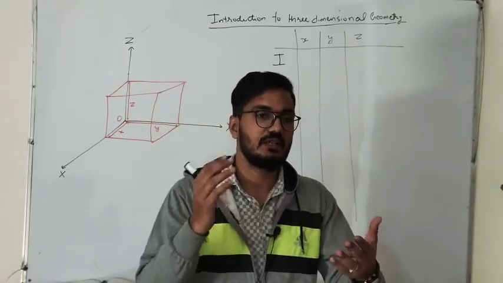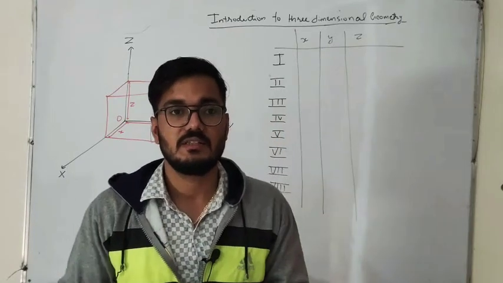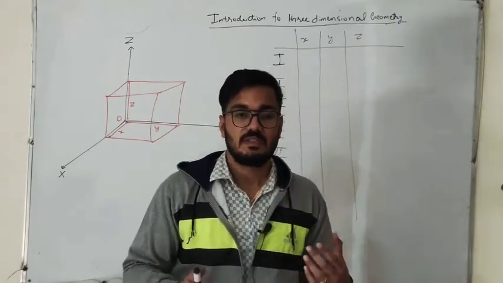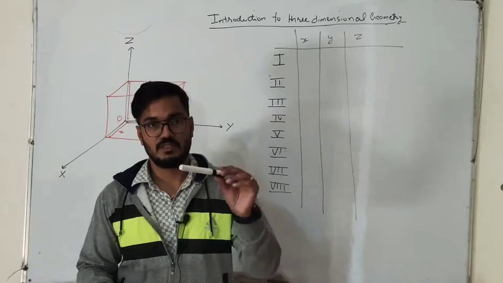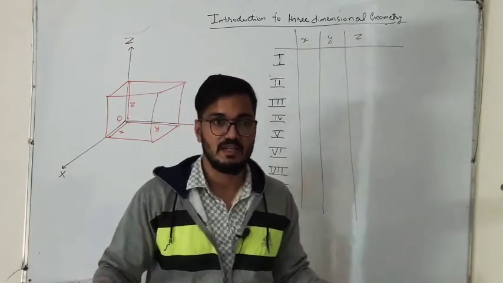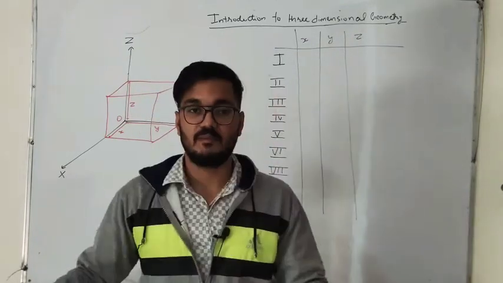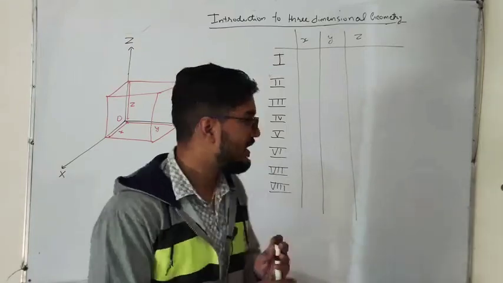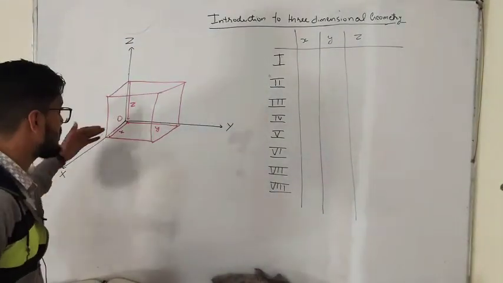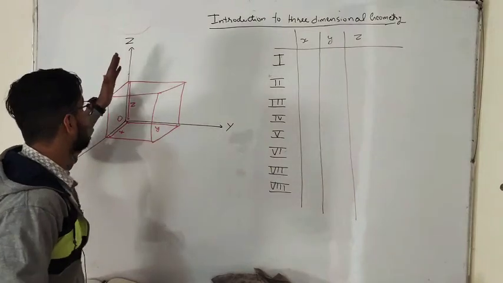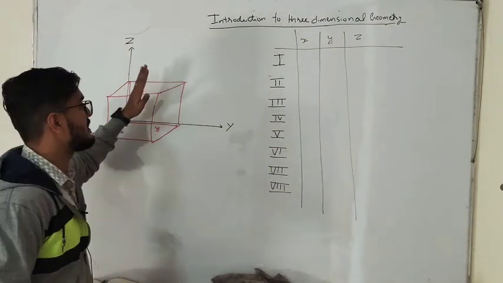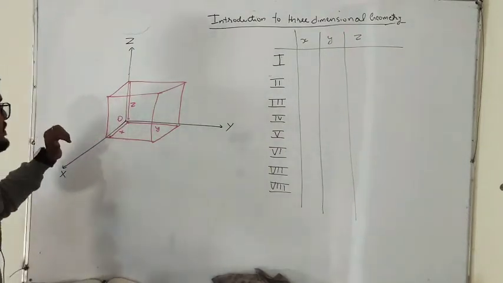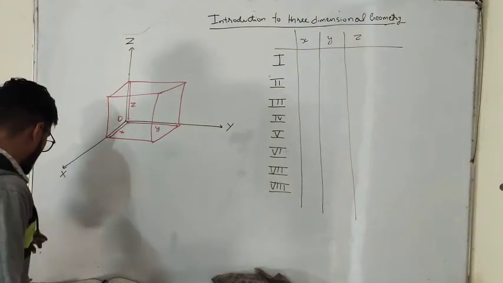If you see a picture, an image, that is two-dimensional. A three-dimensional object like this is three-dimensional. If I'm standing here, I am standing in 3D. Everything, like I have my x coordinate also, y coordinate also, and a new coordinate, that is z coordinate, for three-dimensional is introduced now.